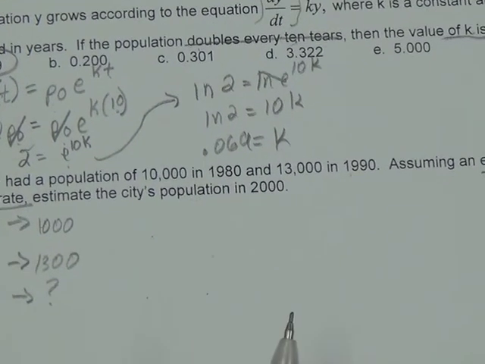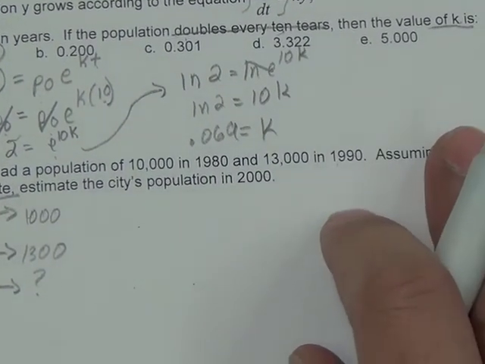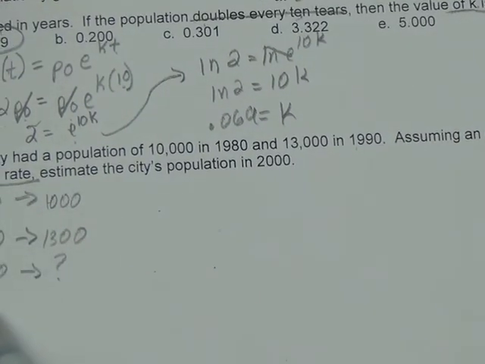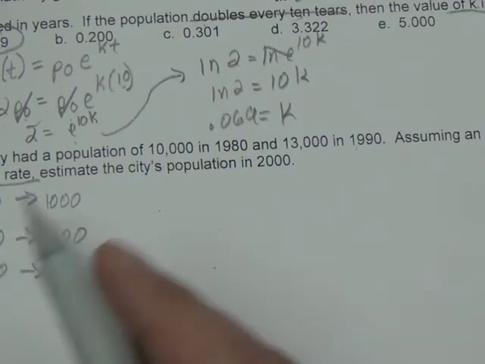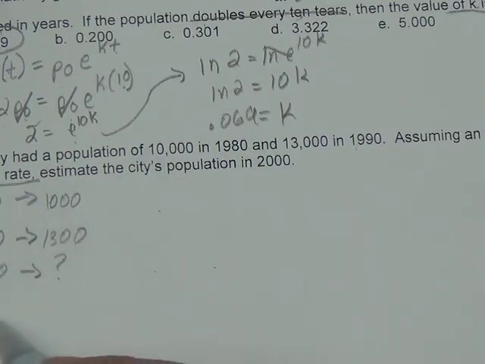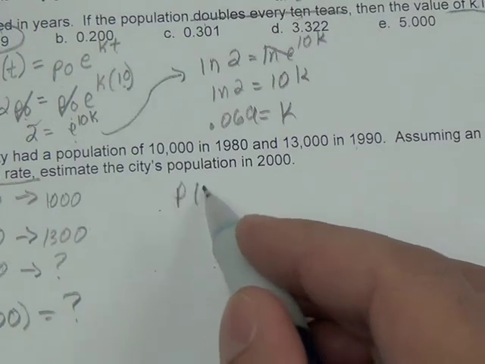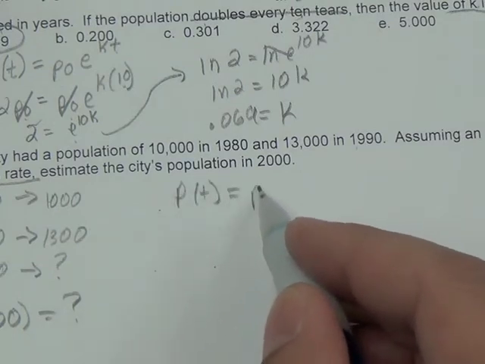So what we're going to do to answer this question is, if this is our initial time, and we're looking for our population in 2000, there has been a 20-year lapse here. So our answer is going to be, what is our population after 20 years? To do that, you're going to set up one of these exponential growth and decay problems.